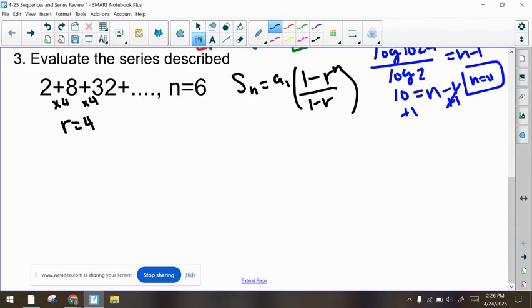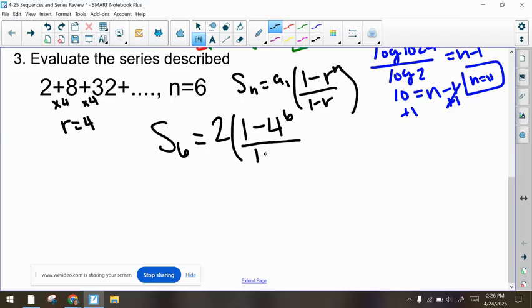Although really we're just plugging stuff into our calculator. So we're going to find the sum of the first 6 terms in that sequence. So first term is 2 times 1 minus the rate to the n power over 1 minus the rate. My suggestion to you is that you type in the numerator first and then simplify the rest.